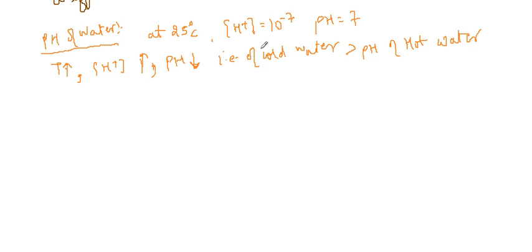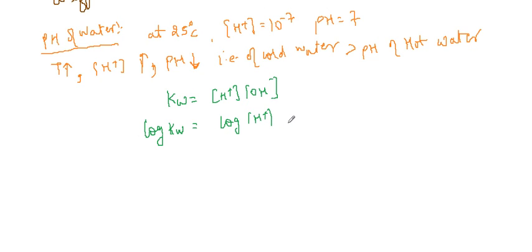Now we know Kw is H plus into OH minus. Taking log, log Kw is log H plus plus log OH minus.